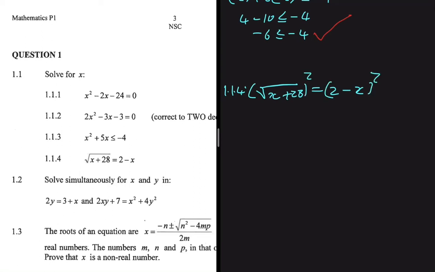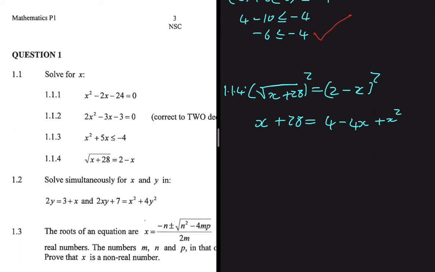The left hand side, that will just be x plus 28, and the right hand side, so we have (2 minus x) squared, right? So you say 2 multiplied by 2, that is 4, and then 2 multiplied by minus x, that is minus 2x, multiplied by 2, that will be minus 4x, and then minus x multiplied by minus x, that will be plus x squared, right?